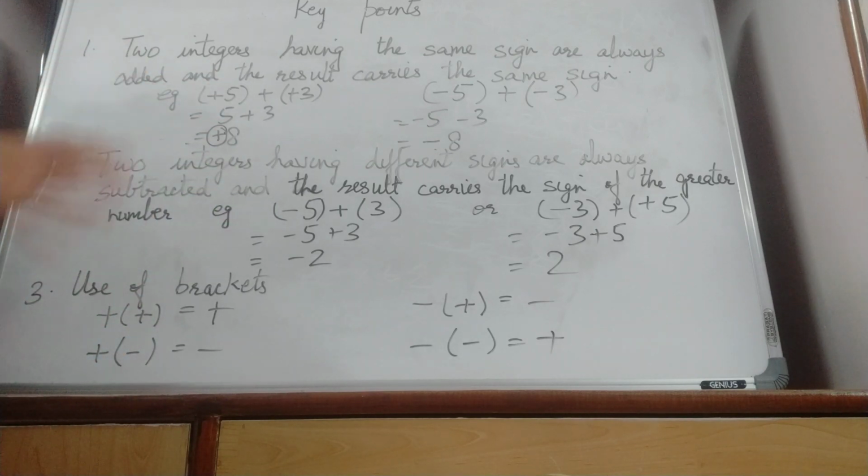So I wrote it later, but you write this as first, use of brackets as first. That we've already seen how we do it, opening up the bracket. Then write this as the second point and this as the third point. So this and this is your, like every day that I told you this, every day you have to see and understand and remember. Okay, so this is very, very important.